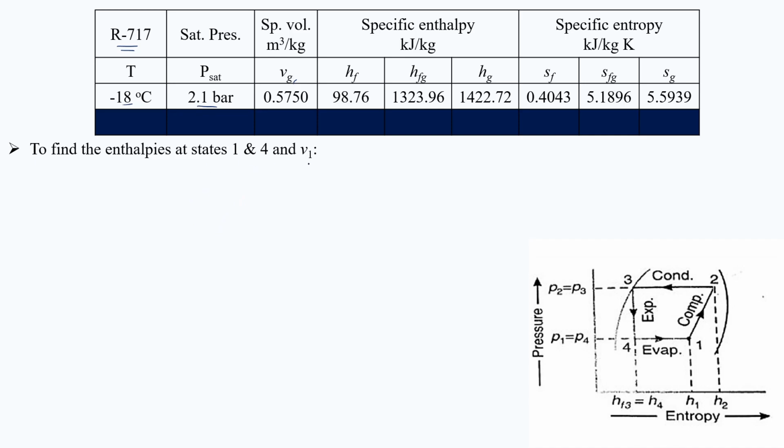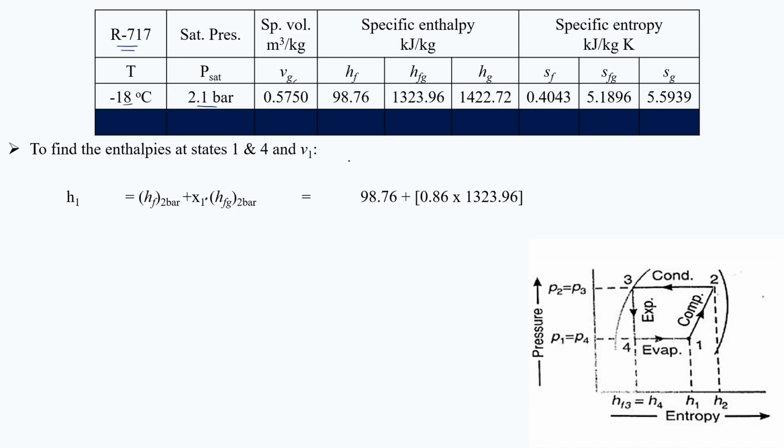Now, using the dryness fraction, we can find the enthalpies at states 1 and 4, that is H1 and H4, and also the specific volume of the refrigerant at compressor entry, since it is needed to find the piston displacement. So we have all the data needed here. H1 is given by hf corresponding to 2 bar plus X1 into latent heat hfg at 2 bar.